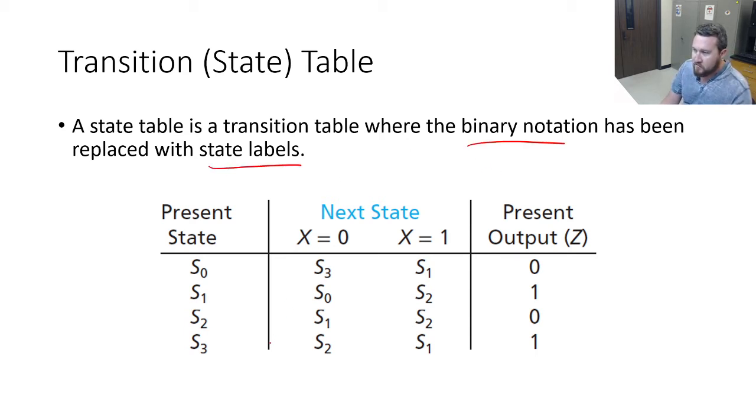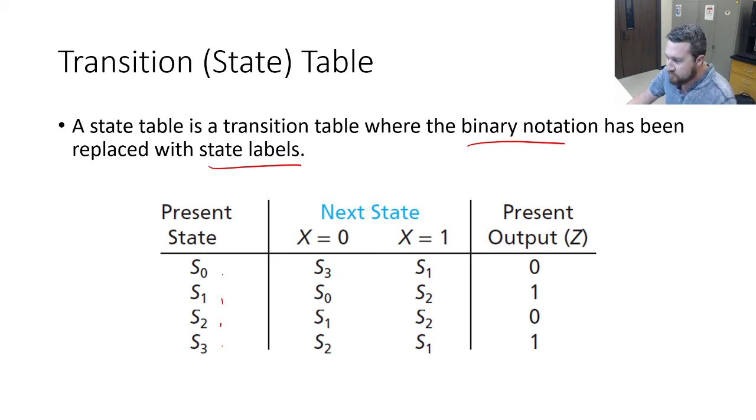So now we have 0, 1, 2, 3 for S0, S1, S2, and S3. And then what are the values here? S3, S0, S1, and S2, because we want to tie it to the state. We don't necessarily want to be all about the inputs themselves.